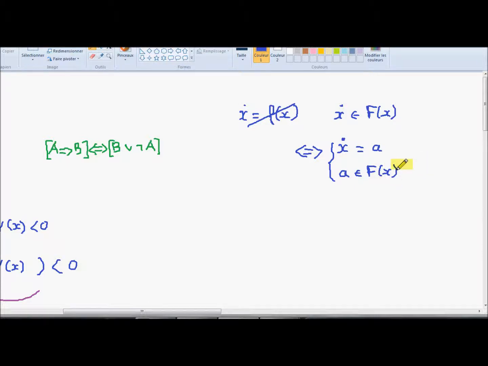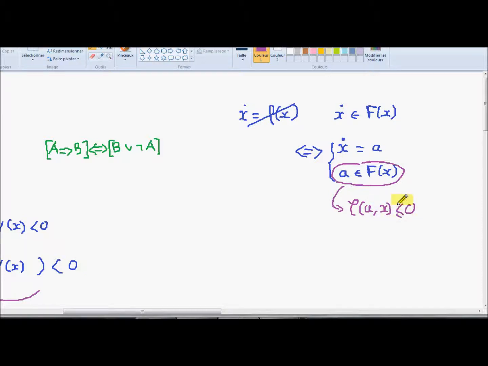In practice, I have an analytical expression with respect to f, and this corresponds to an inequality of the form, let's say, phi of a, x negative.